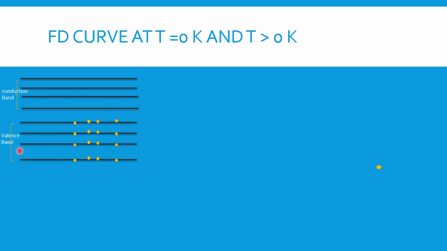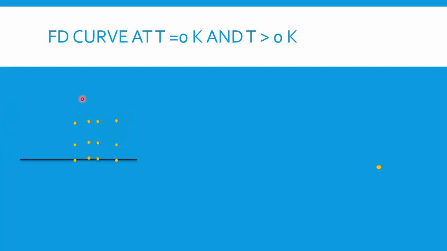Now I place this semiconductor at a greater temperature, that means bring it to greater than 0 Kelvin. What will happen? The electrons were on the valence band, and no electrons were on the conduction band. Now you will take this semiconductor to greater than 0 Kelvin. What will happen? Some of the electrons from the valence band will move to the conduction band.